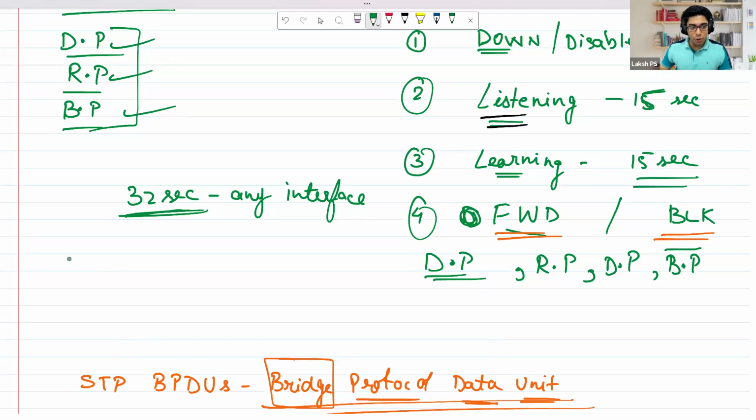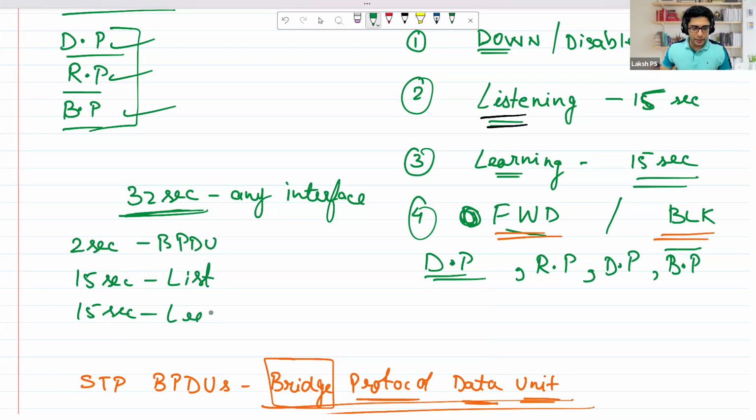How is it 32 seconds? 2 seconds for the BPDU, 15 seconds in the listening state, 15 seconds in the learning state. So in total, you have 32 seconds.